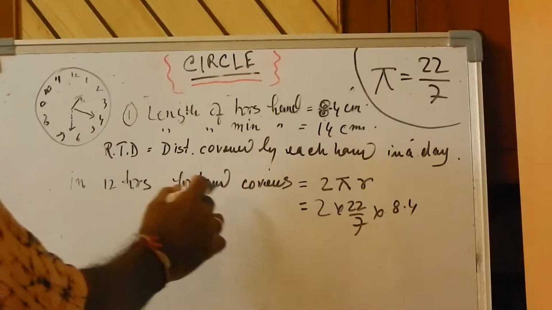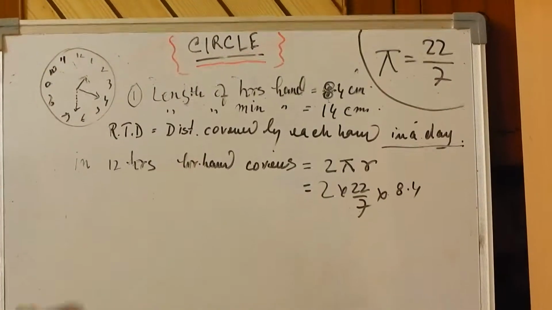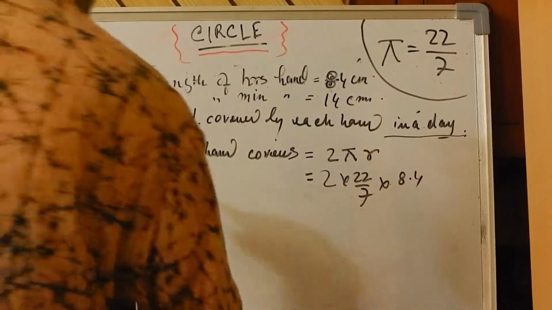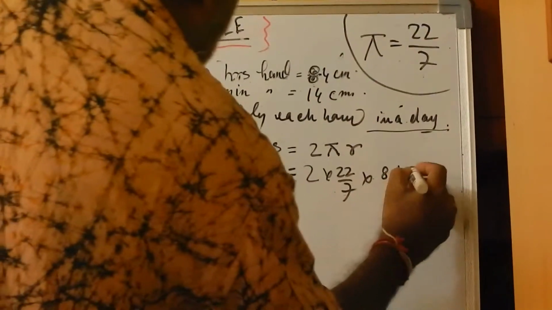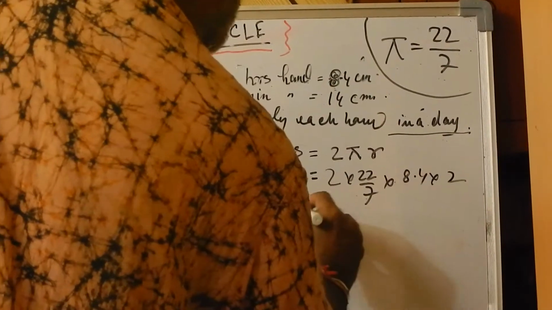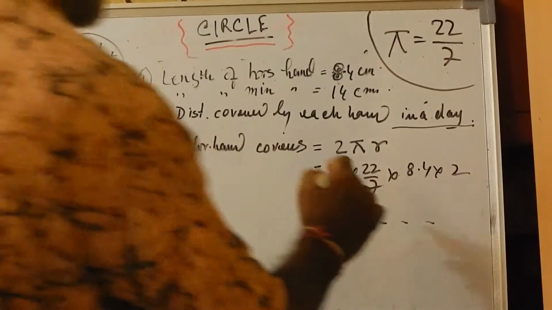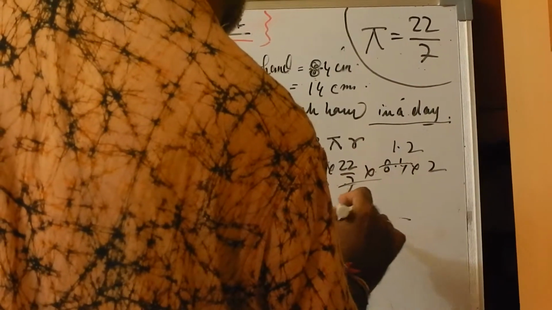It covers that in 12 hours, but what we require to find out is in a day. A day comprises 24 hours. So to make it 24 hours, we multiply by 2, that is 4 into 88 into 1.2.